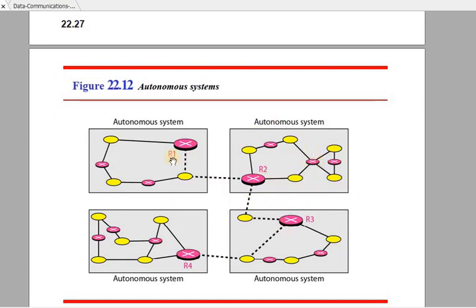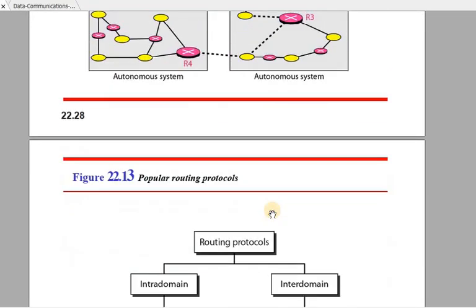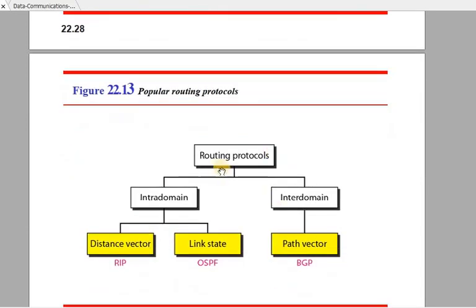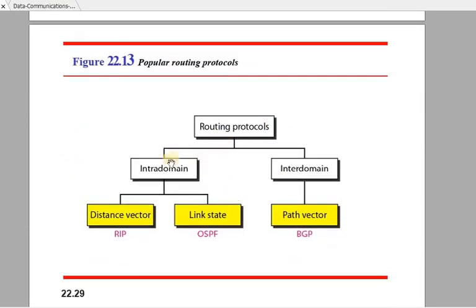So this is how things are going to circulate. If we have routers R1, R2, R3, R4, they make the chain that links all the autonomous systems.